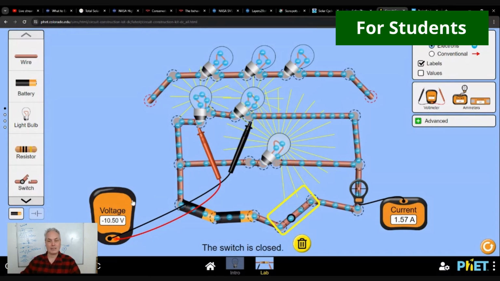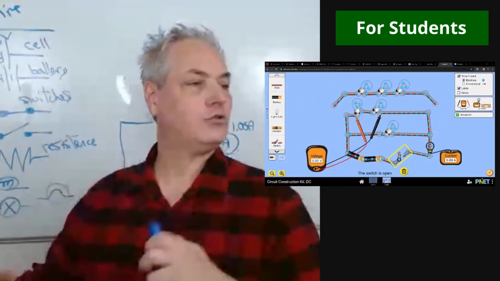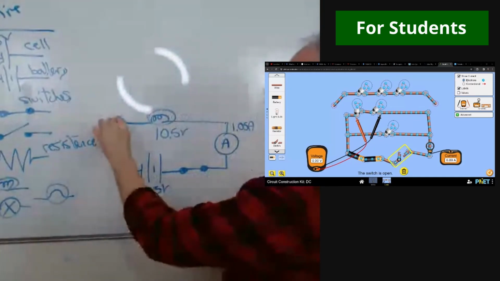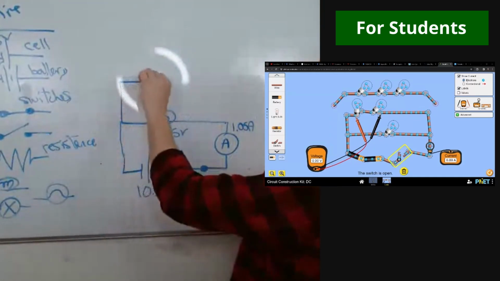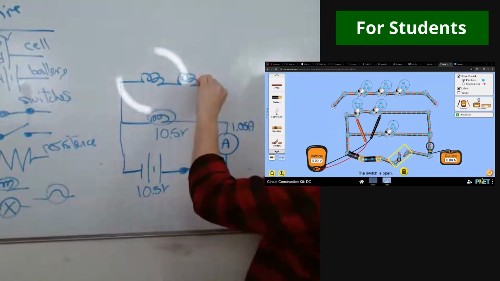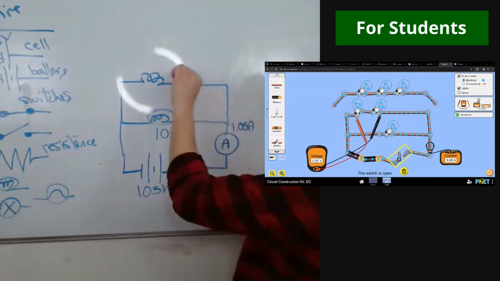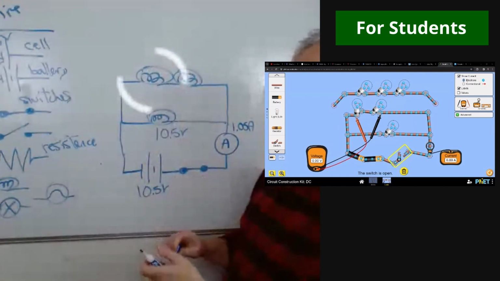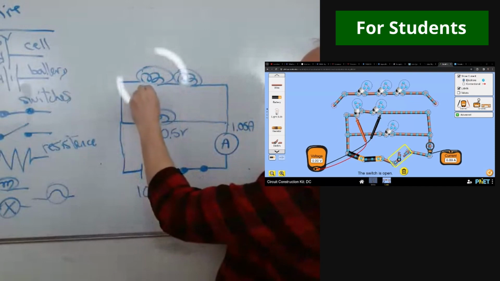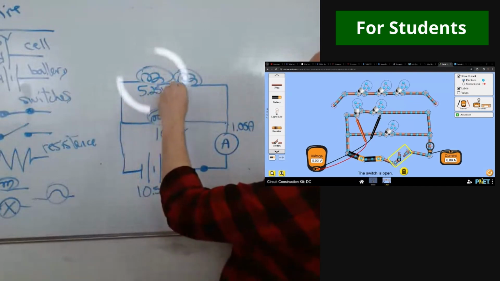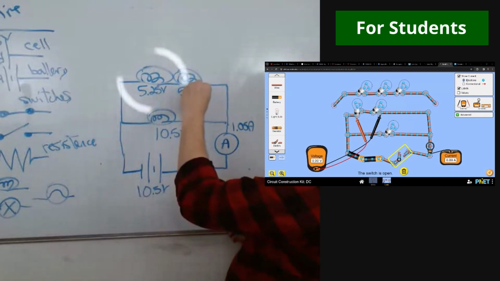It is amazing. So let's see if I can add this to the circuit we have here. Here we have another branch, first bulb, second bulb, like this. Each of the bulbs gets half, so we have 5.25 volts, 5.25 volts.